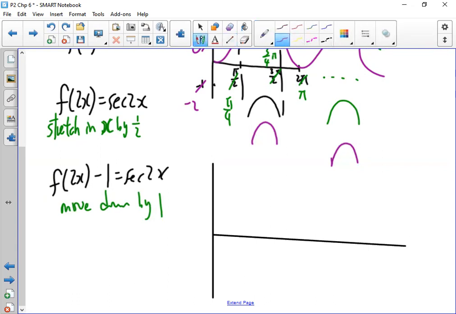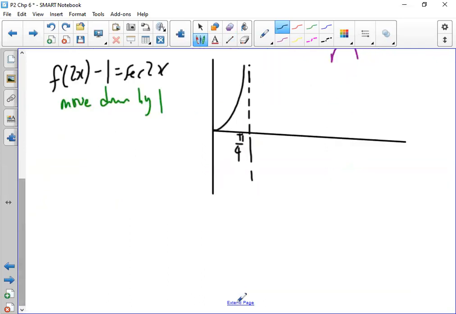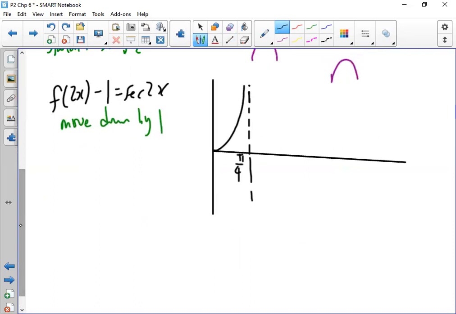Right. So we start from 0. There's going to be pi over 4. Is it? Yep, pi over 4. And then we have a graph section, this time underneath it.